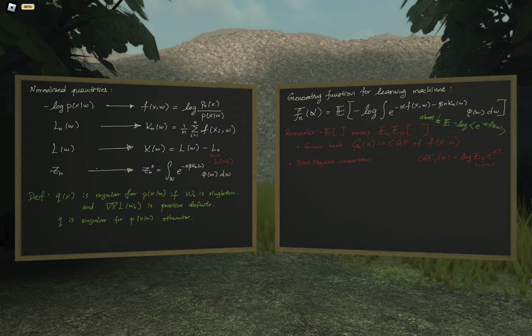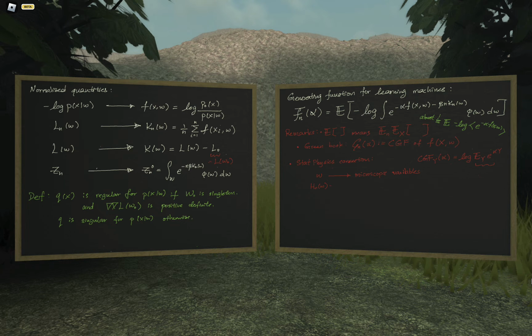Anyway, the statistical physics connection is that W is like the microscopic variables. By the way, this is my interpretation. If someone wants to dispute that, please do, because as I said, this is not tight.